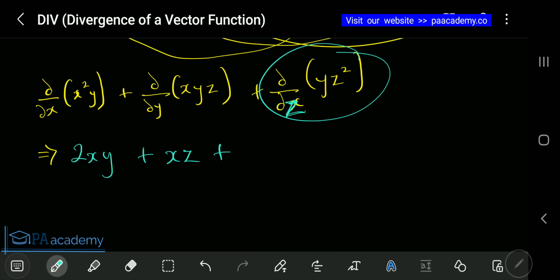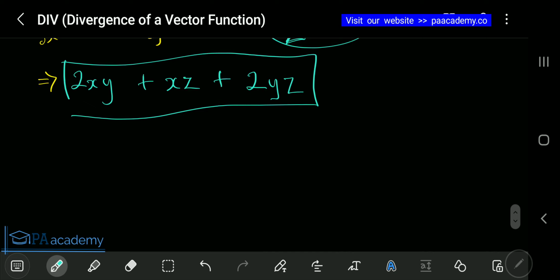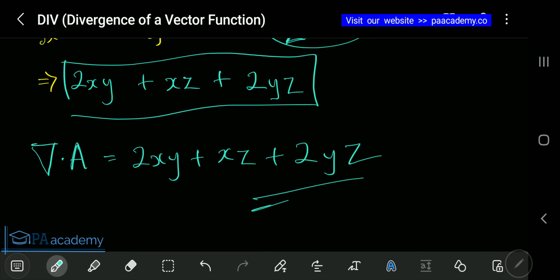You just have to be careful with some of these mistakes. If you differentiate this, it's going to give us 2z, because we are differentiating z squared, and y is taken as a constant, so that will be 2yz. With this, we already have our answer. You can conclude that the div of A is equal to 2xy plus xz plus 2yz, and that is it.